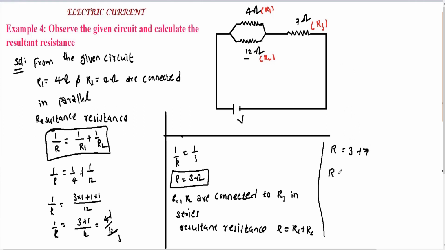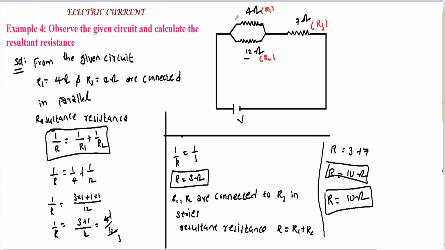So R equals 10 ohm. So what is the total resultant resistance in this circuit? 10 ohm. So R equals 10 ohm. This is the total resultant resistance in this circuit.